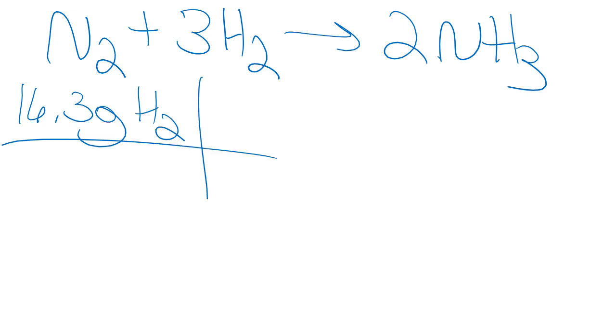We have to convert it to moles. Grams to moles, for later, grams to moles to mole ratio to grams. Now it's grams to moles divided by its front number, essentially, and that's a way to determine limiting reagent.